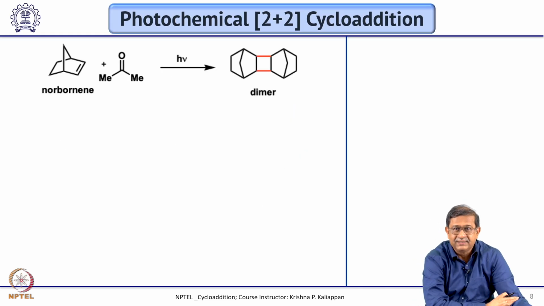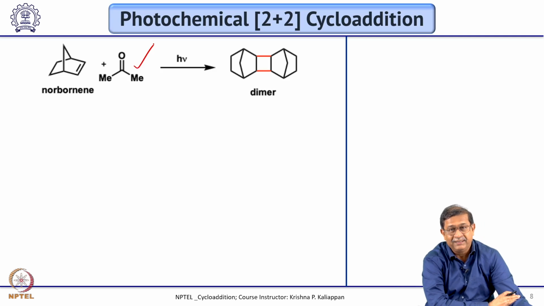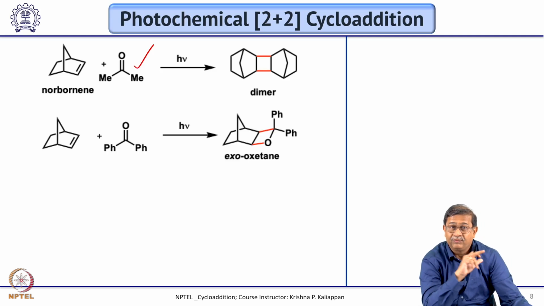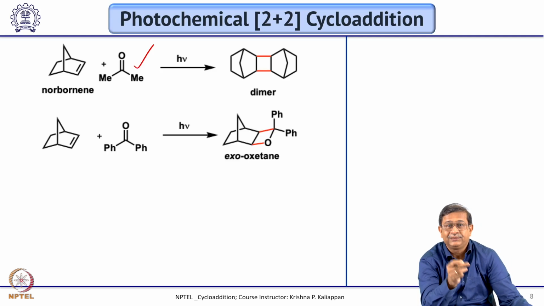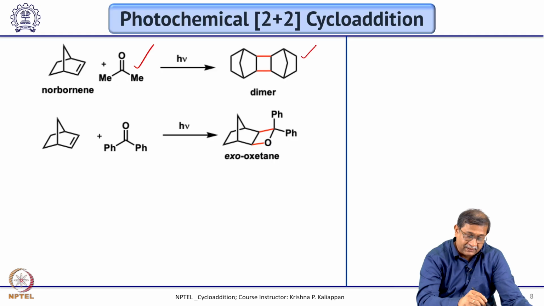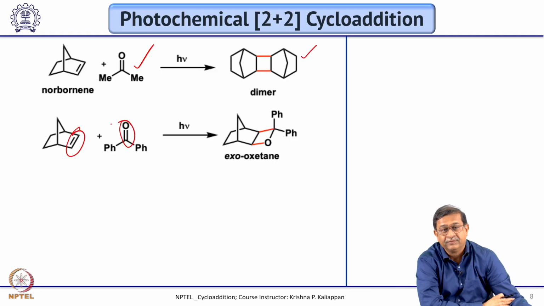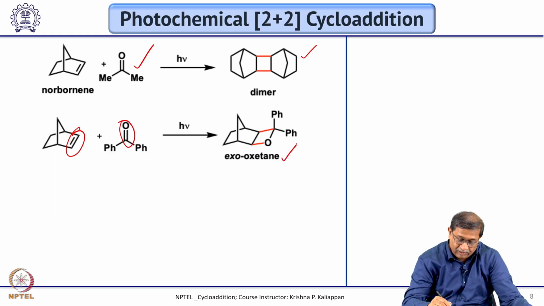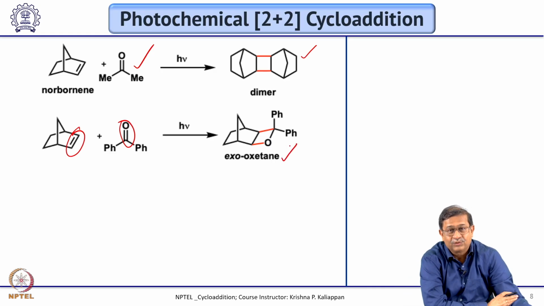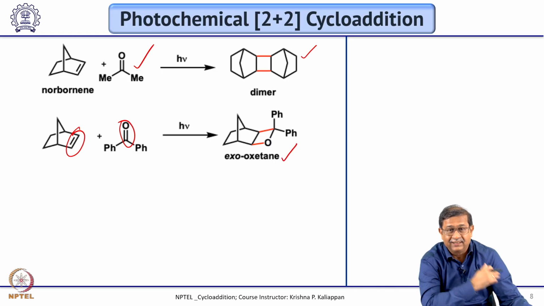So this is what we discussed: when we use sensitizers like acetone, you get the dimer. However, if you use benzophenone instead of acetone, the dimerization does not take place. Instead, the alkene and the carbonyl group undergo 2+2 cycloaddition to form an oxetane, which is also called the Paternò-Büchi reaction, which we will discuss later in the next class.